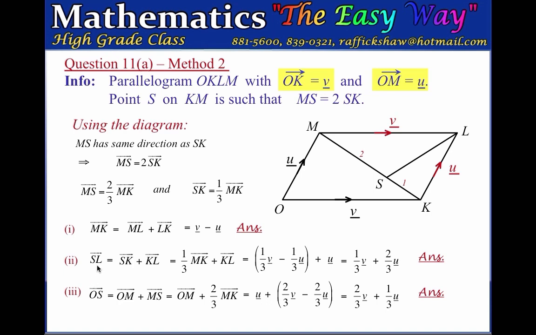So for example, the SL, going from S to L, we could have gone S to M and then M to L. And note that SM would be minus 2/3 of MK, because MK is in this direction down. But if we are going S to M, it will be minus 2/3 of MK. I'm giving that as a hint. So we could have gone minus 2/3 MK plus V. We would end up with the same answer that we have here.